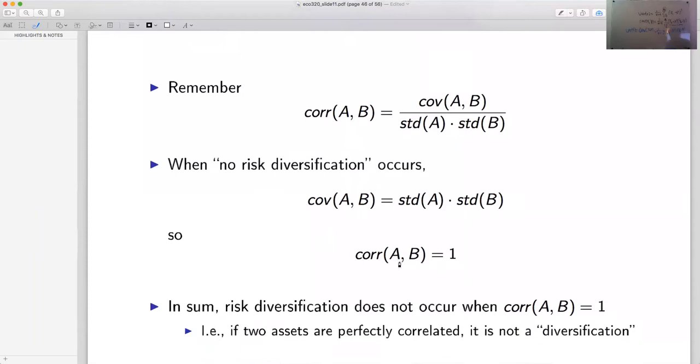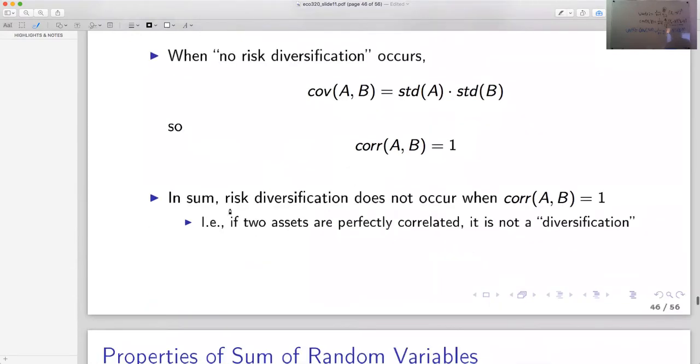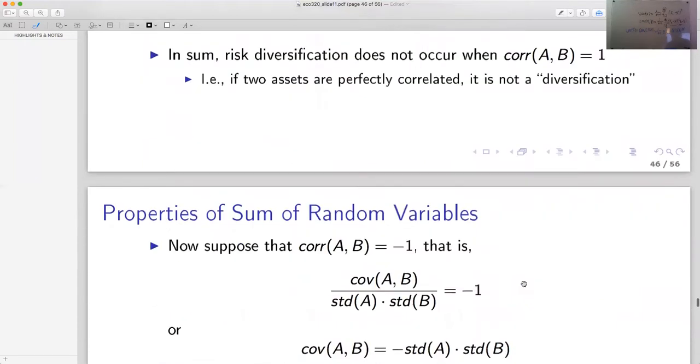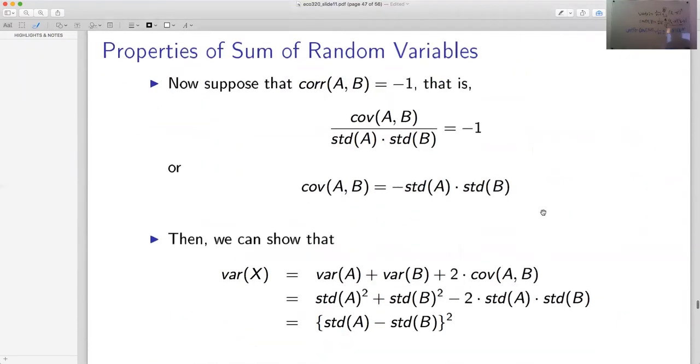For example, if stock A increased by 10%, stock B would increase exactly 10%, or if it decreased 5%, the other decreases 5%, etc. So in sum, risk diversification does not occur when correlation is 1. But other than that, you're going to have some kind of diversification.